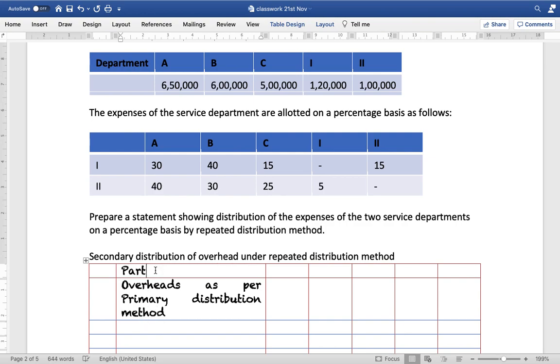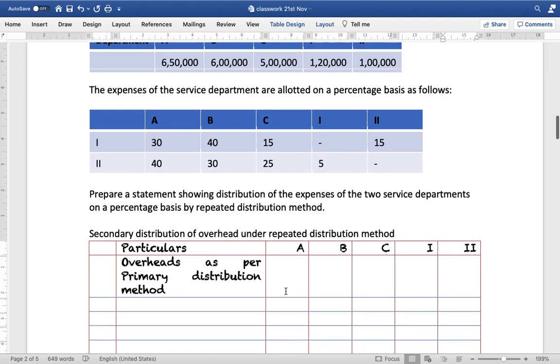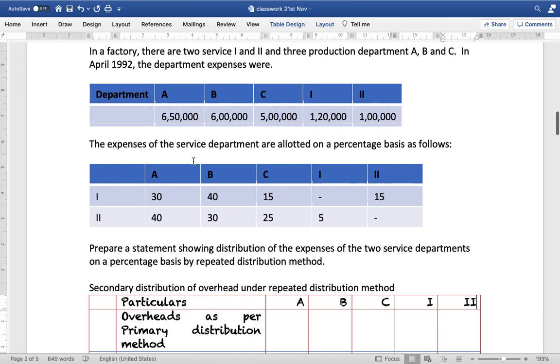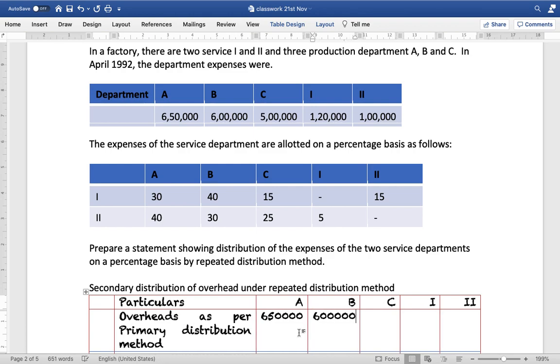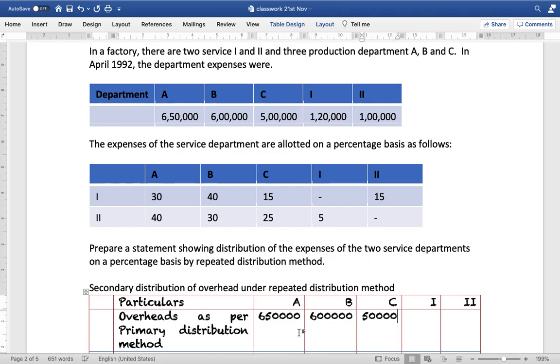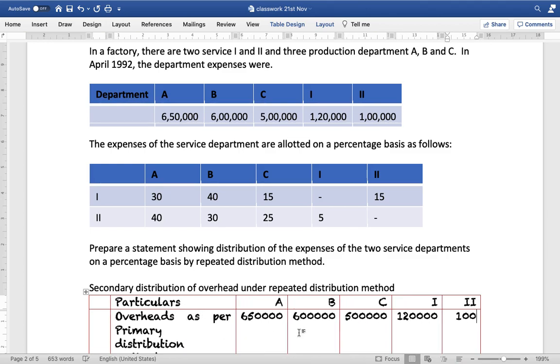So this is particulars. Department A, B, C, then 1, 2. So it is 6,50,000, 6 lakh, 5 lakhs, 1,20,000, then 1 lakh.